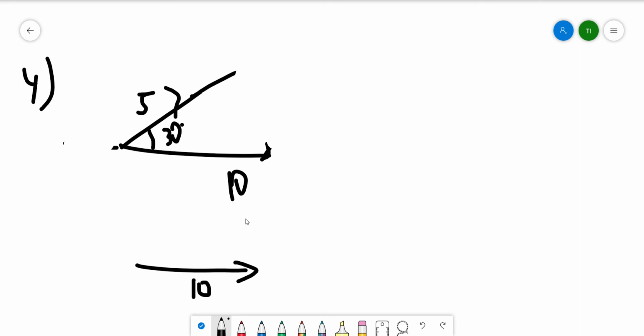And then we check if there's a perfect vertical. There's no perfect vertical. So the things that are not perfect, you resolve into forces. So there's the 5 newtons, and it makes a 30-degree angle with the x.